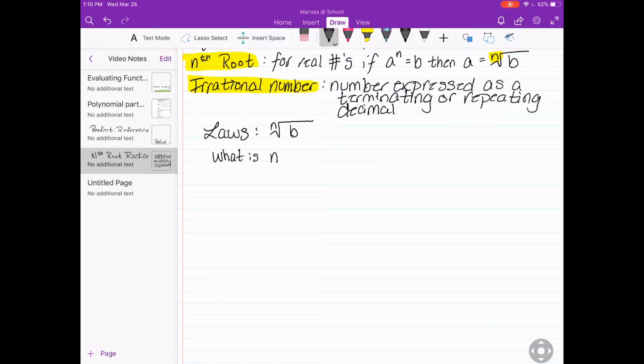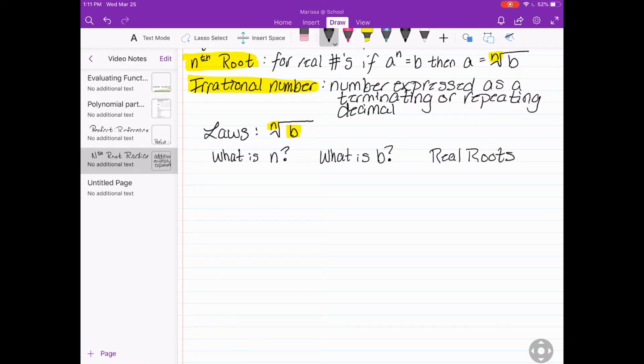So we're using this form at the top and the form that is on the inside: n here and b on the inside. So this is the form we're using. First column, what is n? The next column is what is b? And the last column is the real roots.